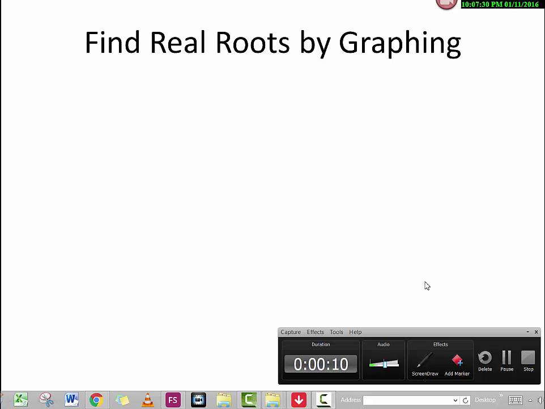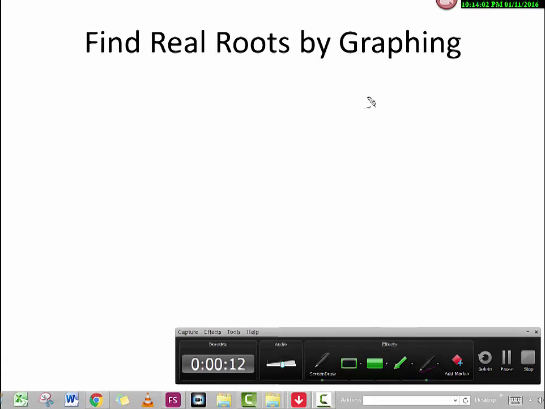I'm going to show you the second method of finding real roots by graphing. It's a little bit different from what we just did, but to me this is a whole lot simpler method, so pay attention to this one. Let's have a quick recall of what we just did in the last video clip. We talked about solving the equation of two functions.